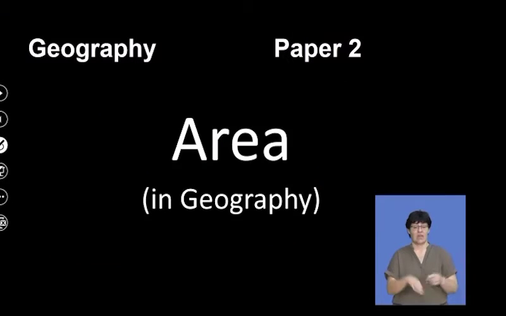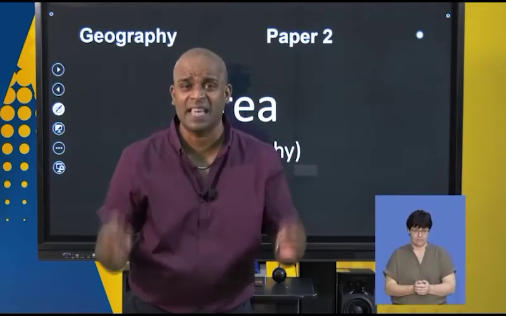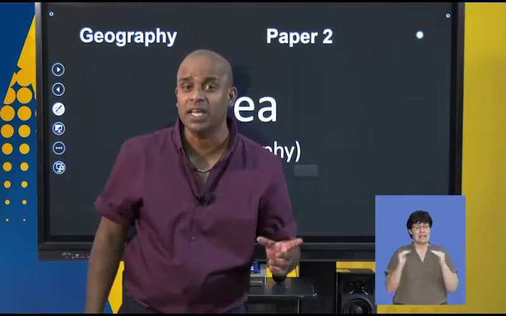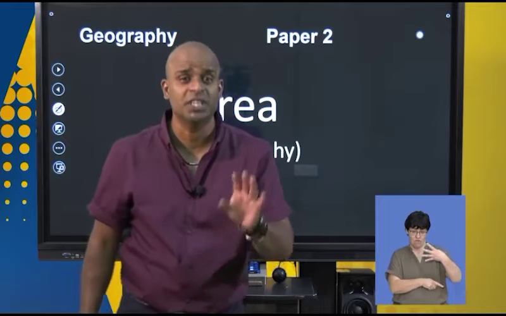The first one that we're dealing with is area. Now you will note that area is calculated in maths literacy, as well as geography. The principles are the same, but in terms of our standardized measurements, we're working with centimeters, millimeters, kilometers, as well as meters. Those are the 4 standard measurements that we work with in geography.